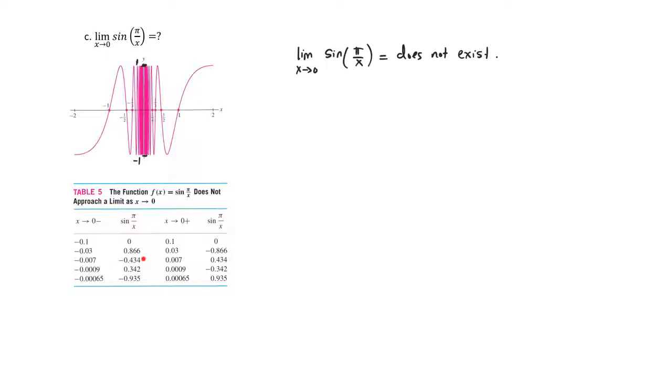Now the y value goes all the way negative below the x-axis, -0.434. Then as x gets closer to 0, the y value jumps all the way up to 0.342. And then x is getting closer to 0. The y value goes all the way down, pretty close to -1, so -0.935.